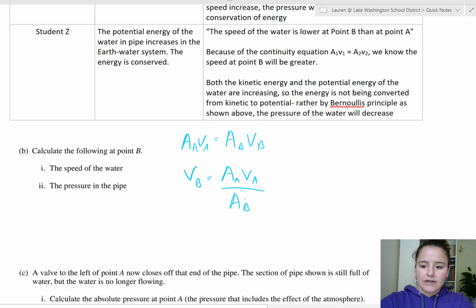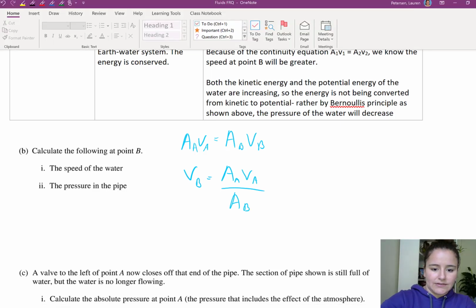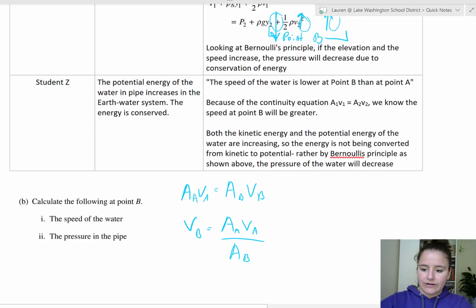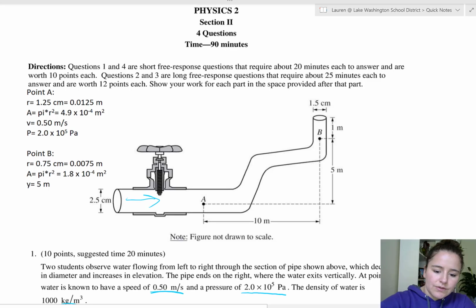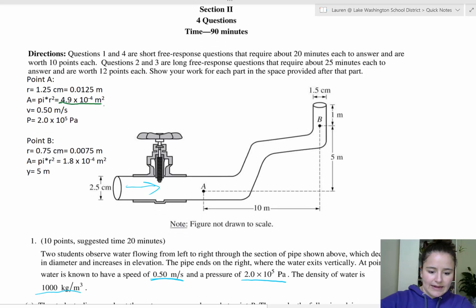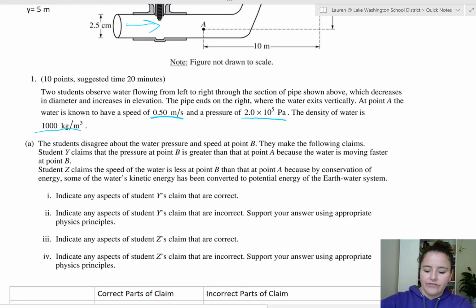And remember, we had already calculated these numbers back at the start of the problem. I'm going to change my marker color and write in green for that. So the area is 4.9 times 10 to the fourth, and the velocity is 0.5.